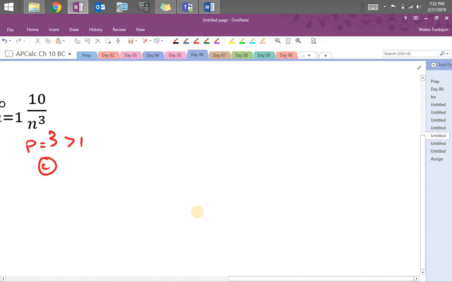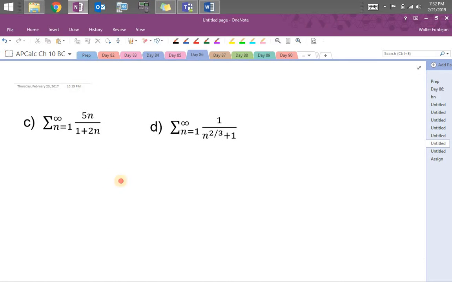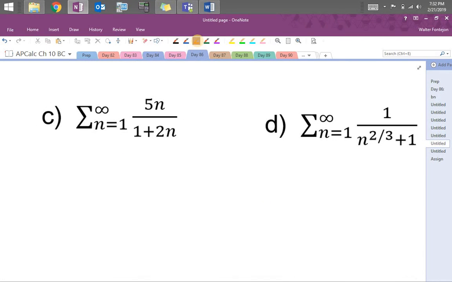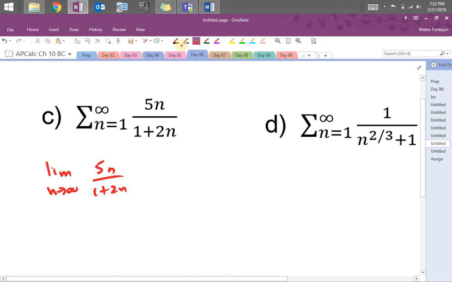Look at the next one. Okay, what test? I'm asking as if you could give me an answer and I'll listen. Okay, here we go. I know what this is. This is a limit. The limit as n approaches infinity of 5n divided by 1 plus 2n.